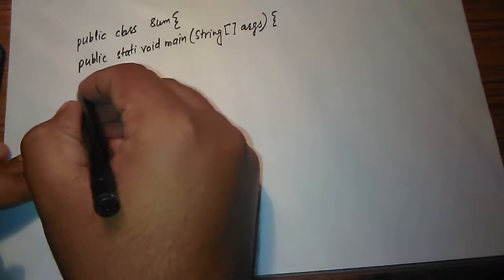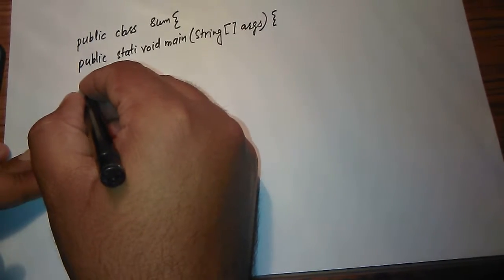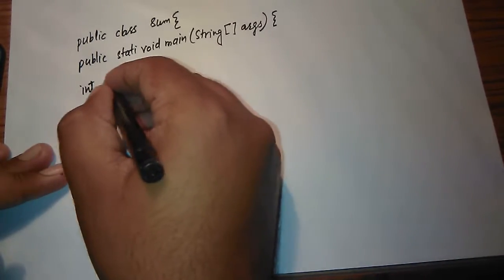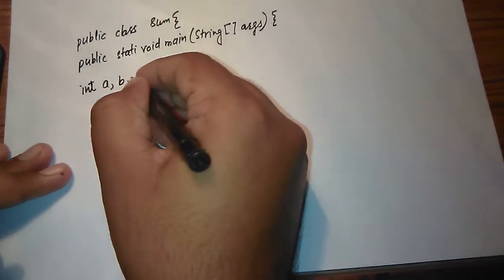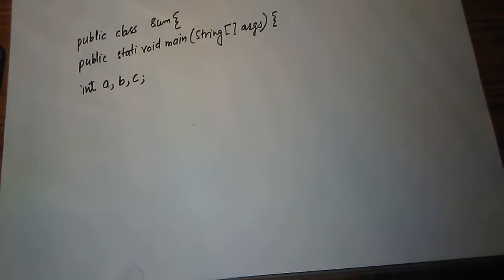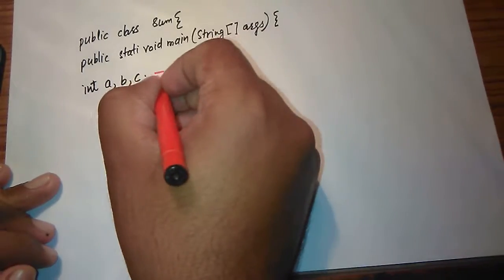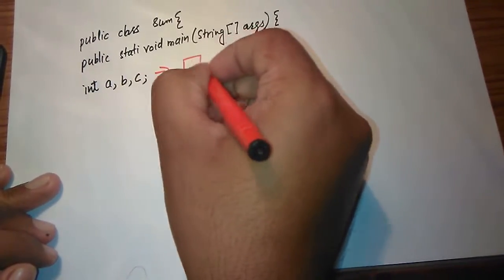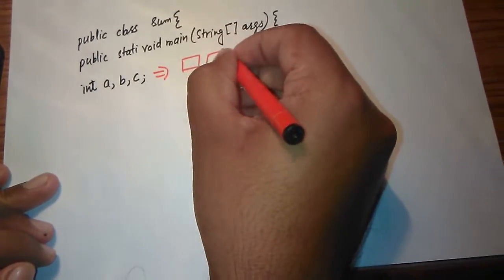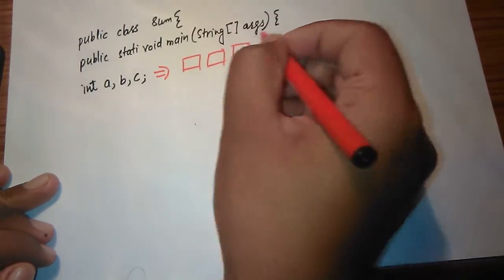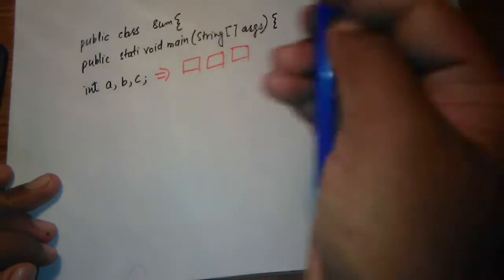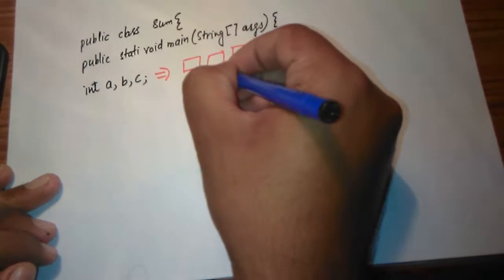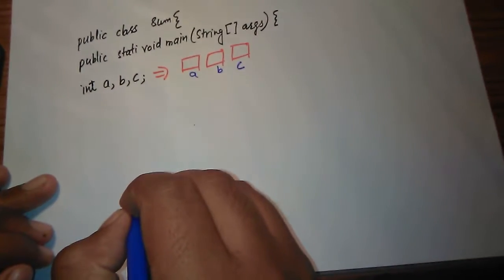Now I'm going to initialize variables int a, b, c. I'm going to show you that in RAM three variables are created with these names. What are the names? The names are a, b, and c.